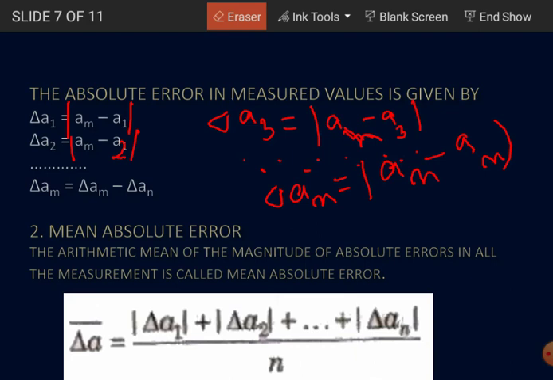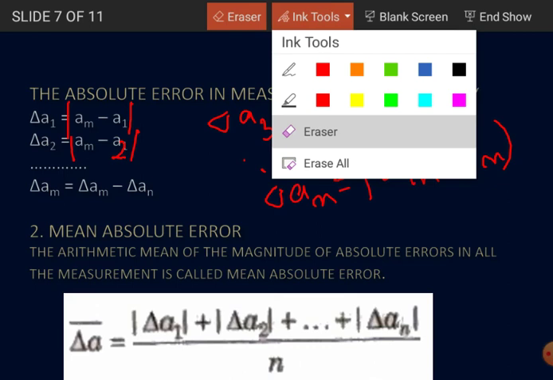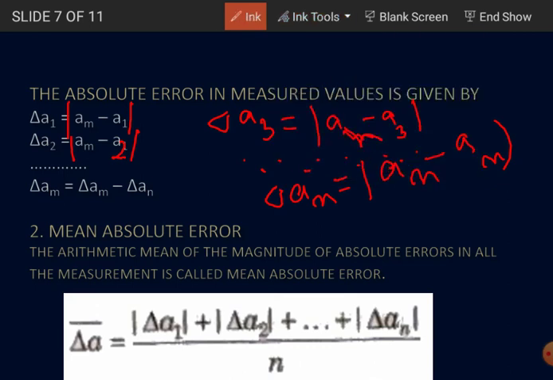It is mean. So a_m means the true value, this will also be the true value, and that of the last observation or measurement. So delta a_n is the absolute error in the measurement of a_n, and that will be equal to modulus of a_m minus a_n. Got it? Likewise you need to find it out for different measurements.